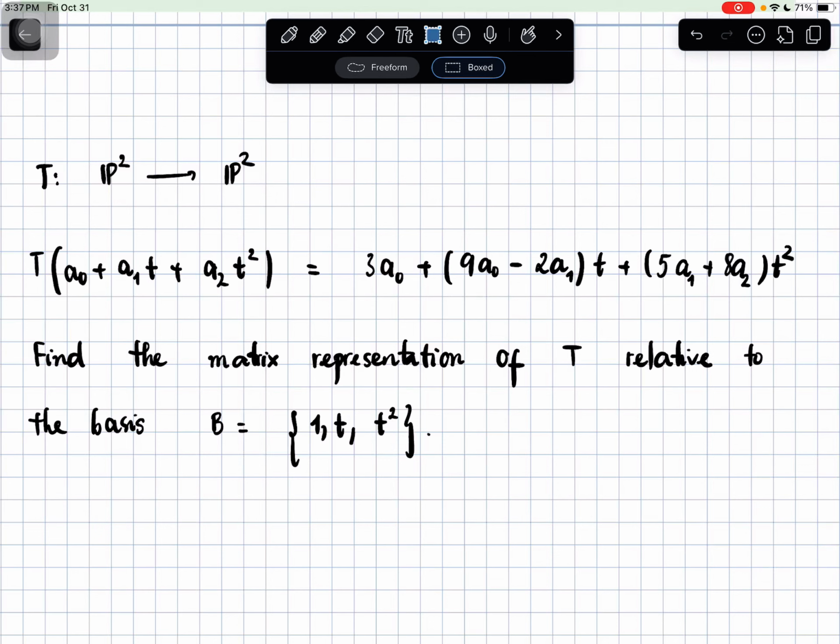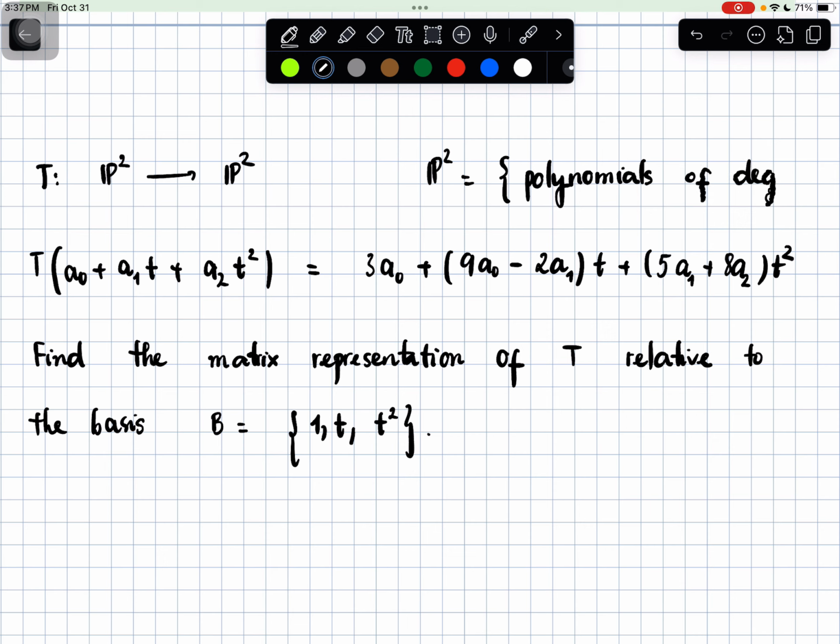We are given P2. In our case, this vector space is the vector space of all polynomials of degree at most 2. So P2 is the set of all polynomials of degree at most 2.